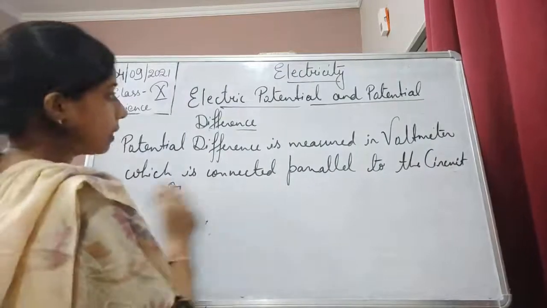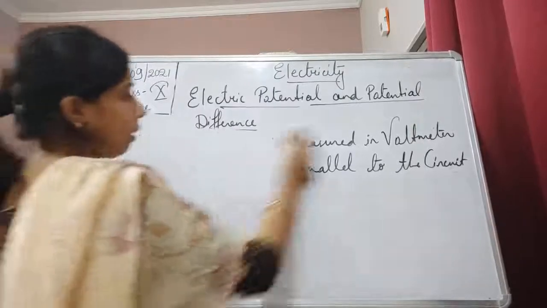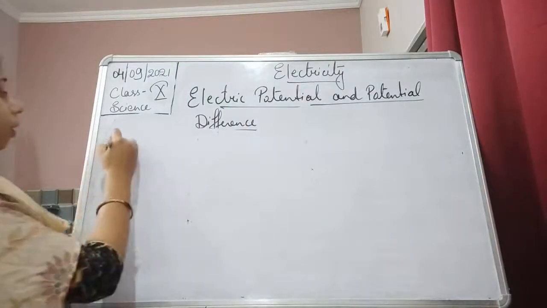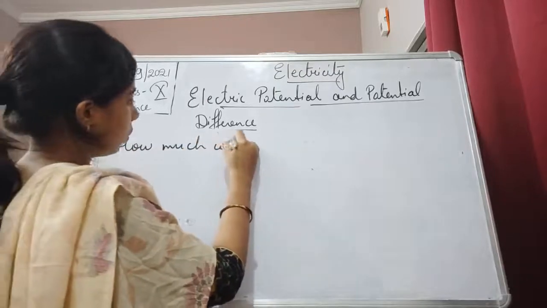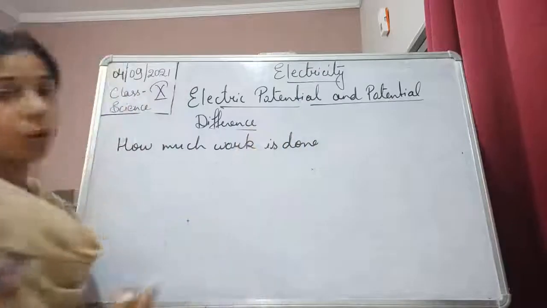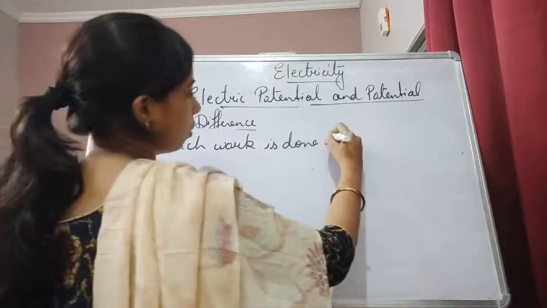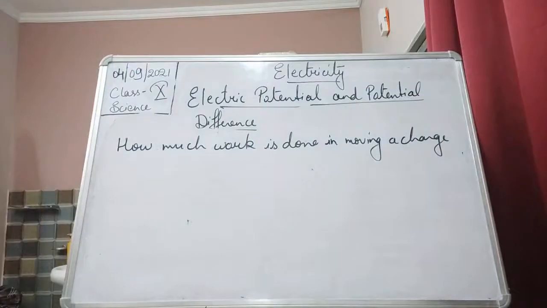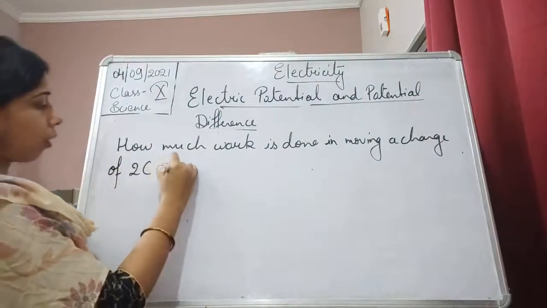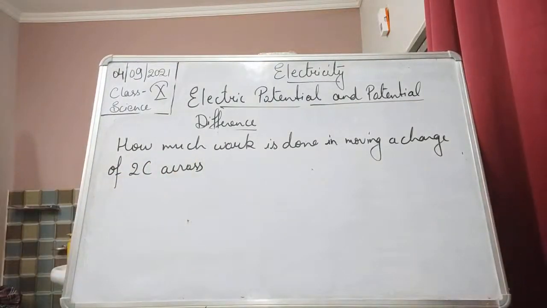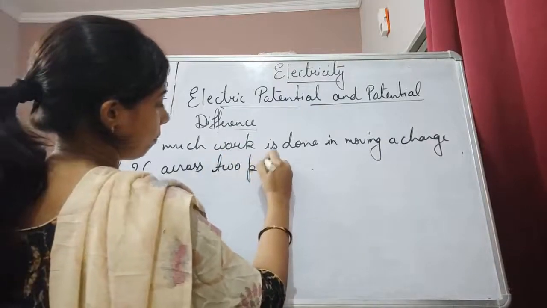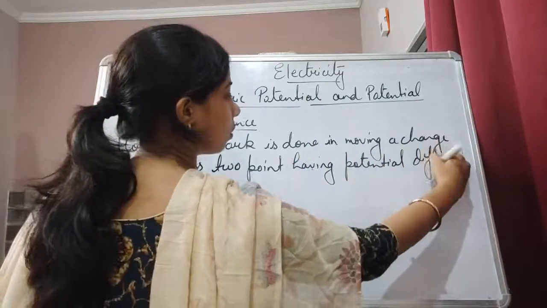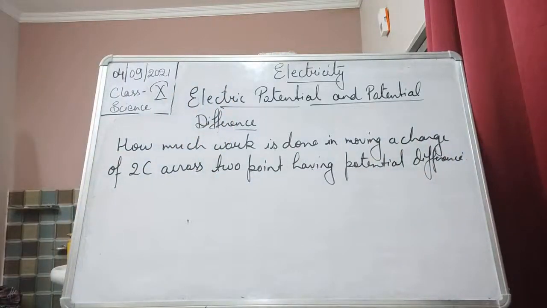So if a question is there related to the potential difference, that is, if the question is how much work is done in moving a charge of 2 coulomb across 2 points having potential difference 12 volt.